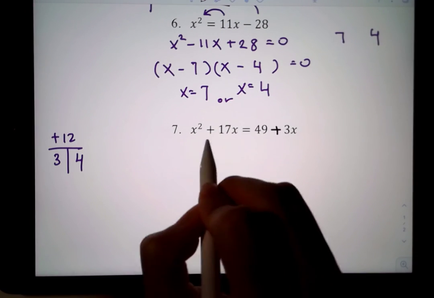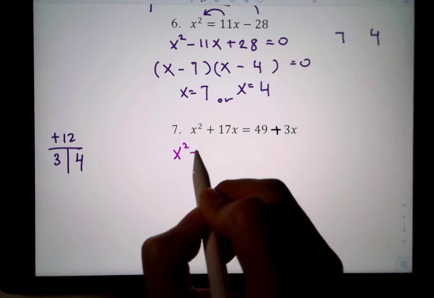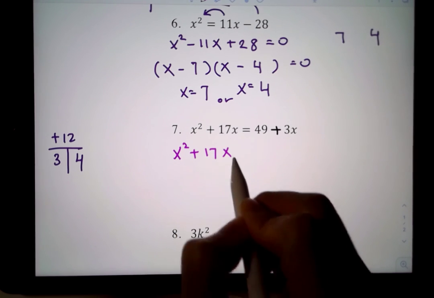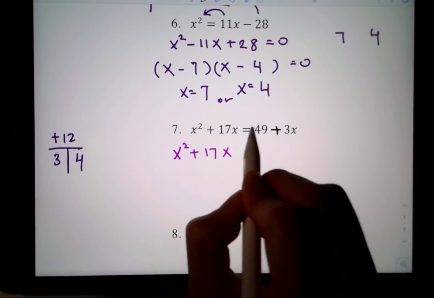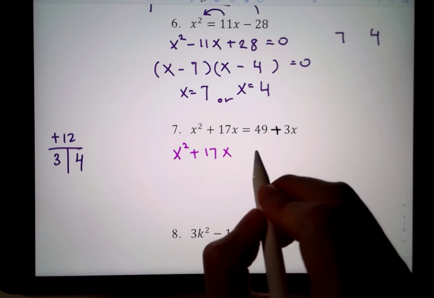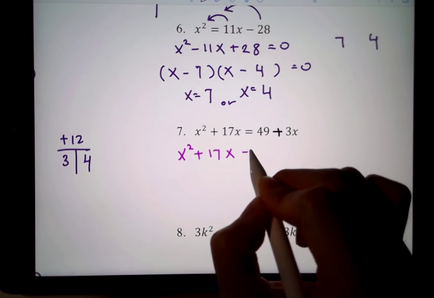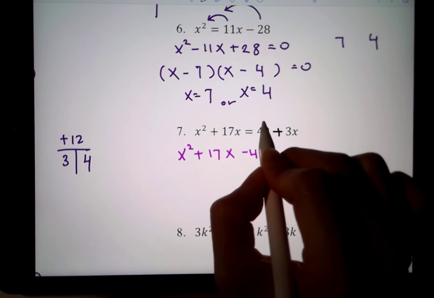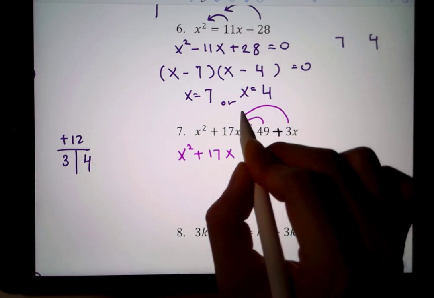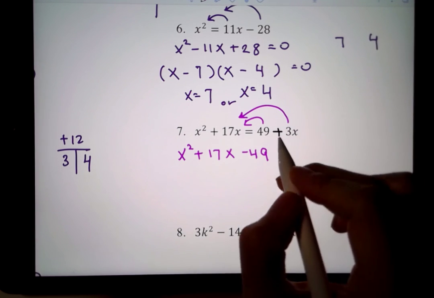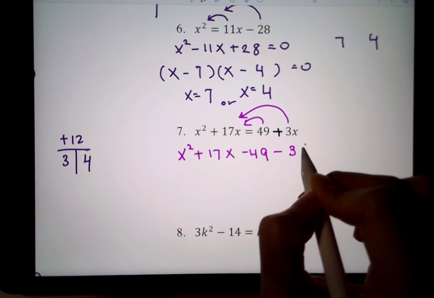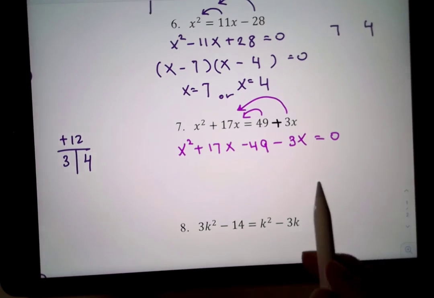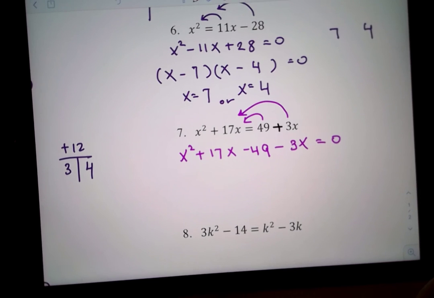And let's keep going. So, told you we need to rearrange them. So I'm gonna move this 49, then that will be minus 49. I'm gonna move this plus 3 to the left side, then that turns to minus 3x, right? And I get equal 0 on the other side.